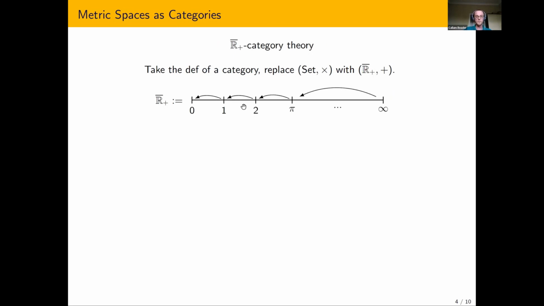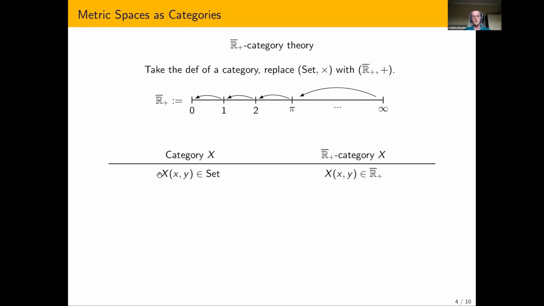So this is just the real line from 0 up to infinity, and we get a unique arrow from A to B if and only if A is greater than or equal to B. And the monoidal product on this is then just addition.